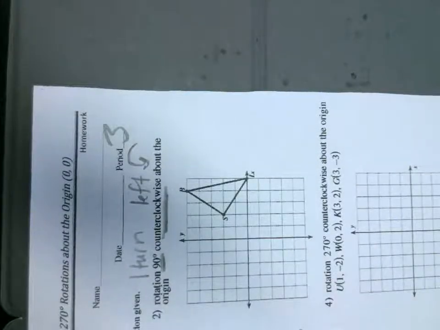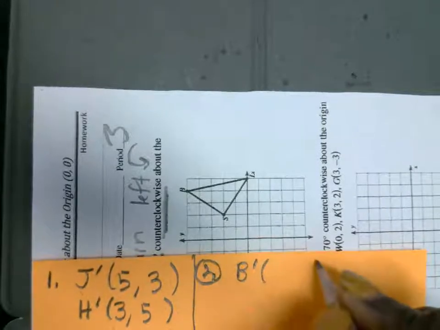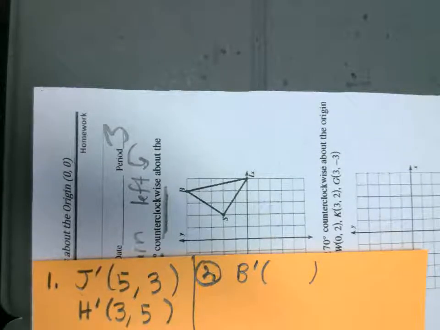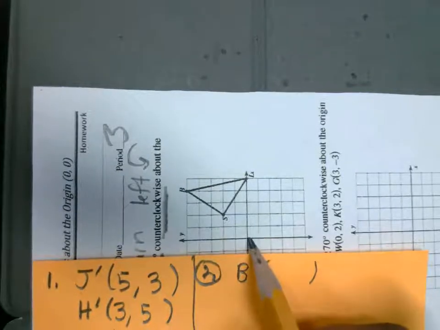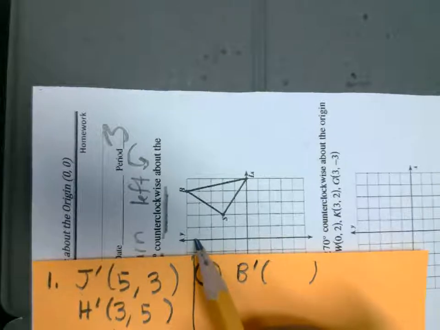Okay, so now I'm going to write down these new ordered pairs. Number 2, let's do B first, B prime. Okay, to what direction? Start at the origin. I'm going to the left or to the right? Left. 1, 2, 3, 4, 5.